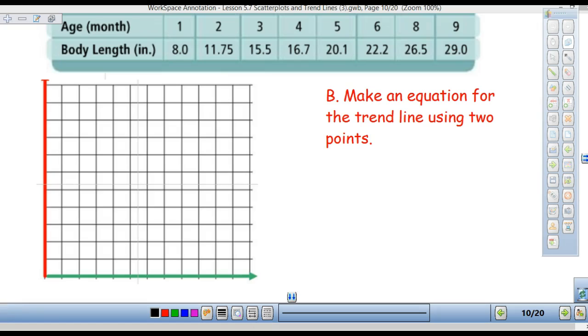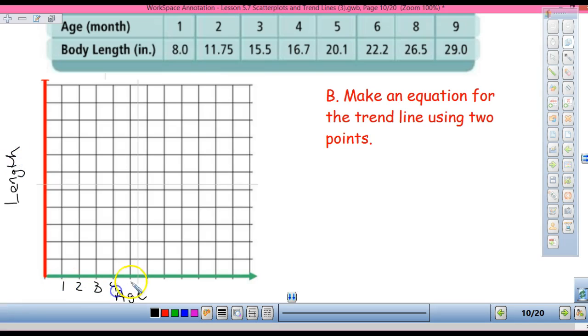Okay? So yesterday we plotted these points, right? We had age down here and body length over here. This was 1 through 11 across the bottom. What did we go up by on the side? 5s: 5, 10, 15, 20, 25, 30, 35, 40, 45, 50.